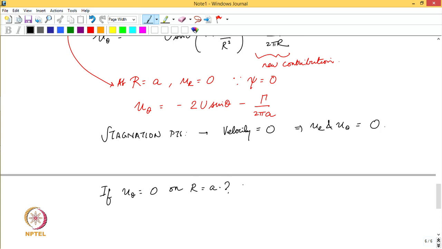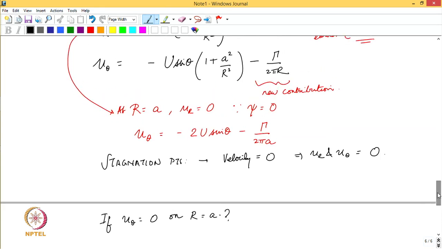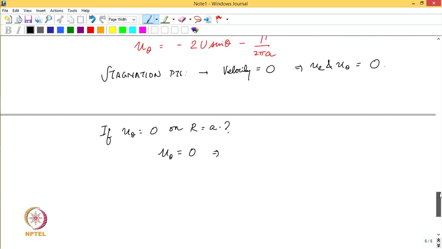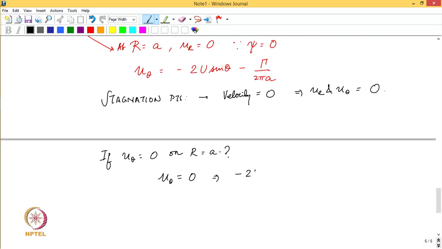So, what should be the values of theta corresponding to this case? In the previous lecture, we saw that u theta could be 0 because the gamma contribution was not there. So, u theta could be 0 if sin theta was 0, which means theta was either 0 or pi. In this case now, for u theta to be 0, we need minus 2u sin theta to be gamma by 2 pi a.